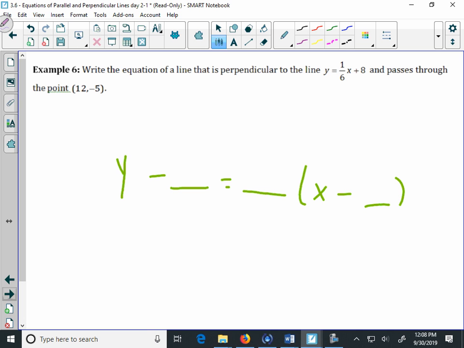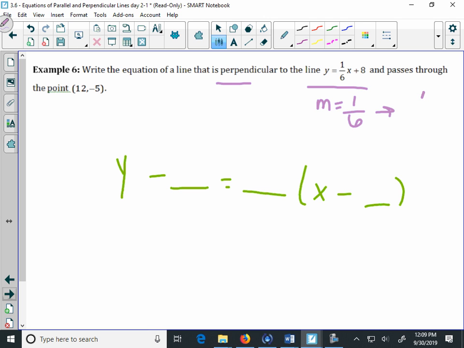If it's perpendicular to this line, what do we know about perpendicular lines and their slopes? Opposite what? Reciprocal. Okay, so the slope of the given line is what? 1/6. So because it's perpendicular, what's the opposite reciprocal of 1/6? -6. You flip the fraction.